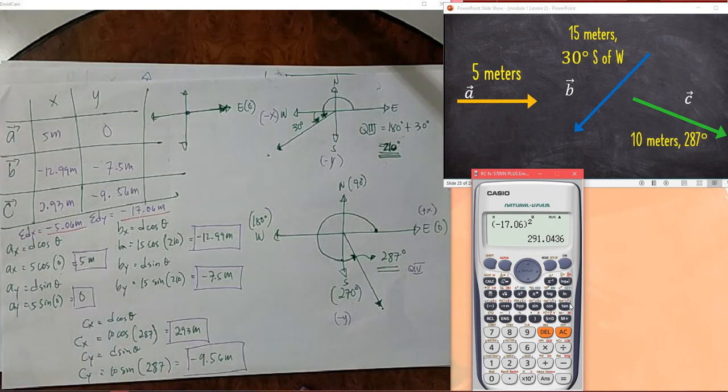Double check ko lang ha. We just have to make sure na tama yung calculations natin.